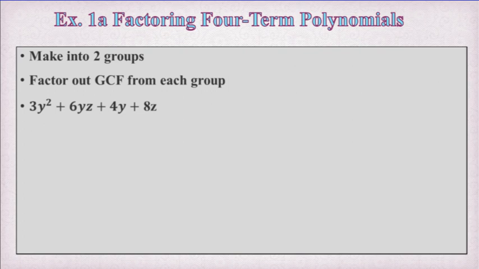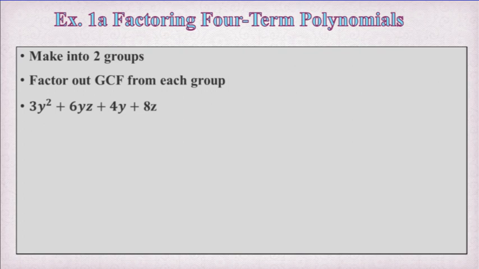Here we're starting with four terms, and we're going to group them based on like terms. So here we have 3y squared plus 6yz plus 4y plus 8z. Now for these, we can easily make them into two groups and then factor.